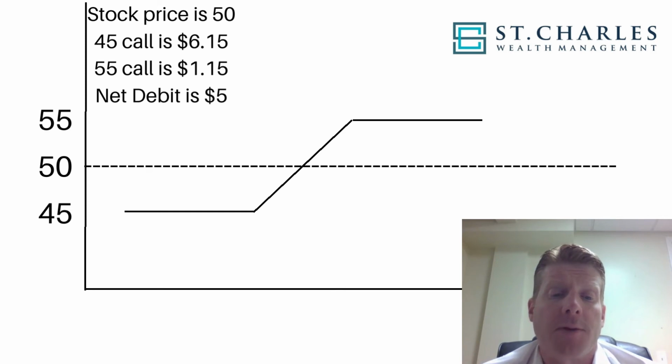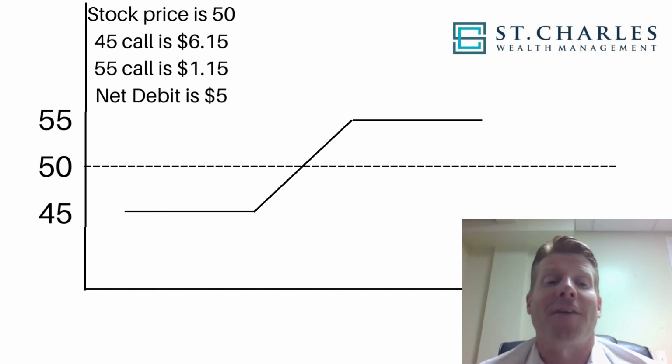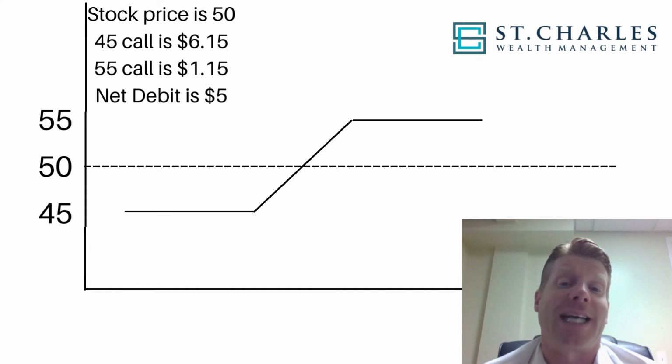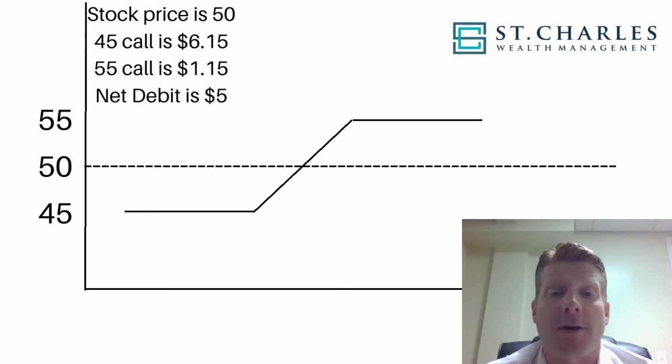In this case, you have one option working for you, which is the 45 call, and one option working against you, which is the 55 call. Now, the 45 call is working more for you than the 55 call is working against you. So it's still a bullish trade. However, the thing to consider is that you won't get the reward as quickly as you would like by comparison.